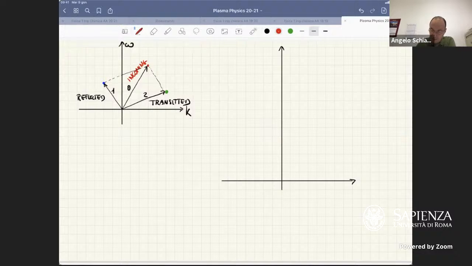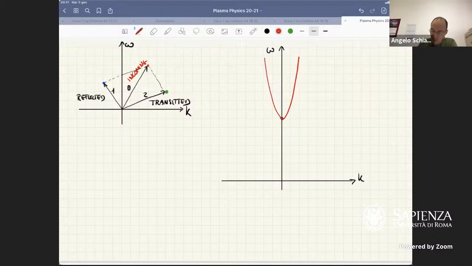So the dispersion relation, let's put omega and k here. For the electromagnetic wave, let's suppose we have the plasma frequency here. The electromagnetic wave is a very steep parabola, kind of parabolic here.